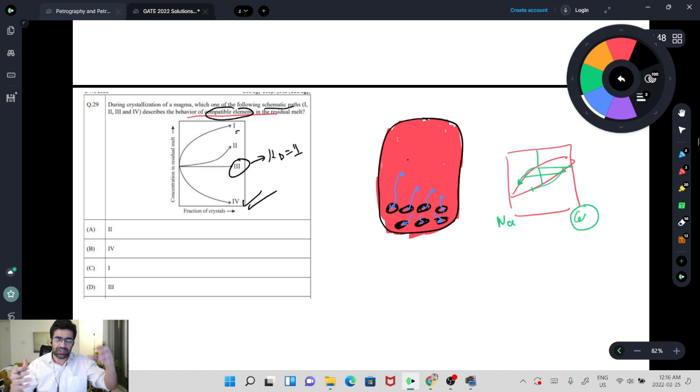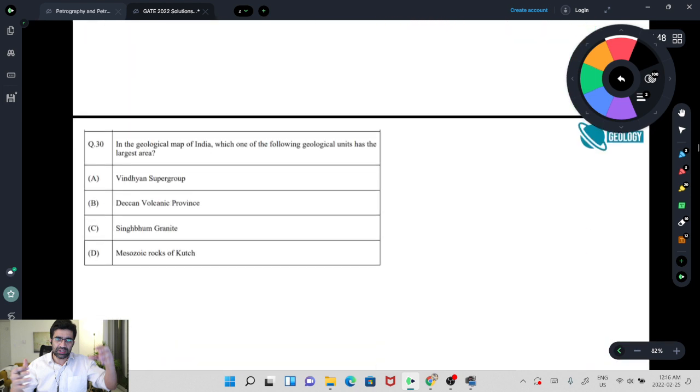They are asking about the residual melt, what is left behind. The more crystals you form, the compatible elements keep getting enriched in the solid phase, so they keep getting depleted in the melt. The only curve that shows this is 4. So the correct answer will be B here.